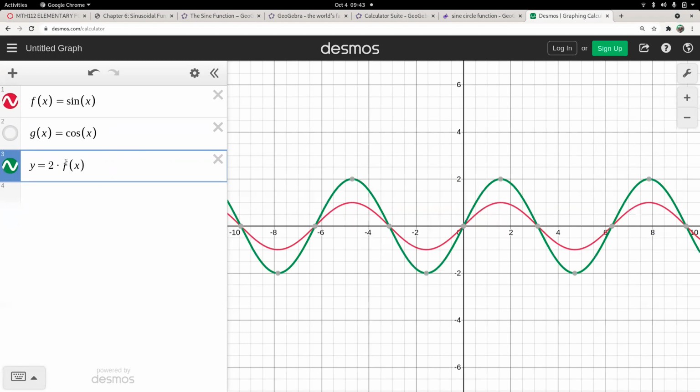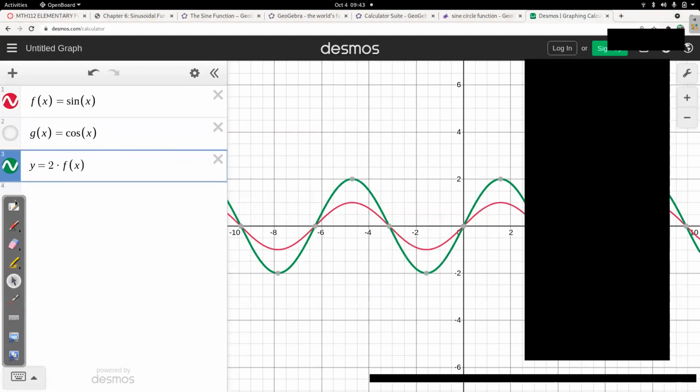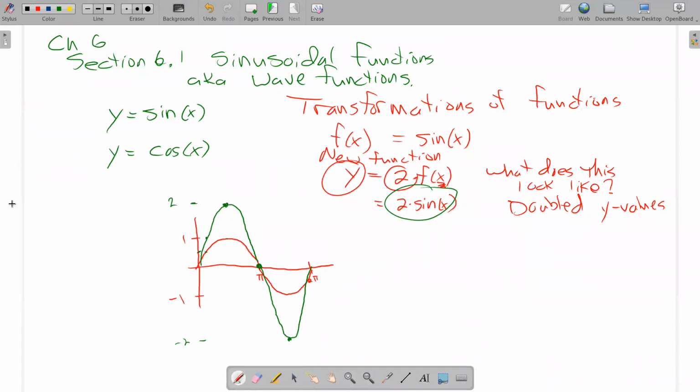If I were to add something outside of that, if I make another version of that function, suppose, let's go blue, I looked at y equals f of x plus 1.